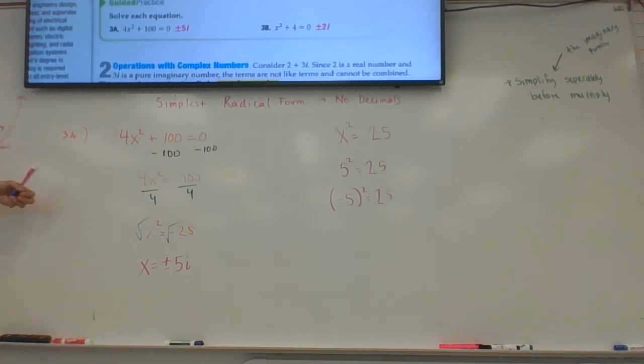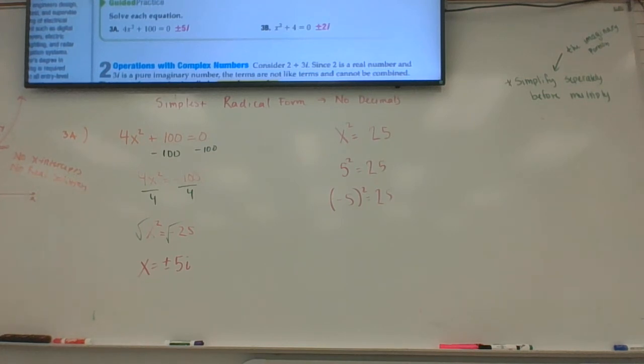It opens up because it's positive, and the y-intercept is 100. So this has no solution. It doesn't have any x-intercepts. No x-intercepts. We would say that this actually, more specifically, has no real solution.